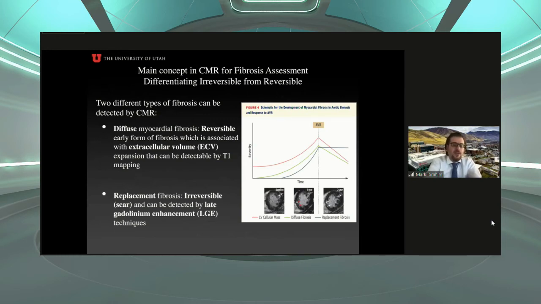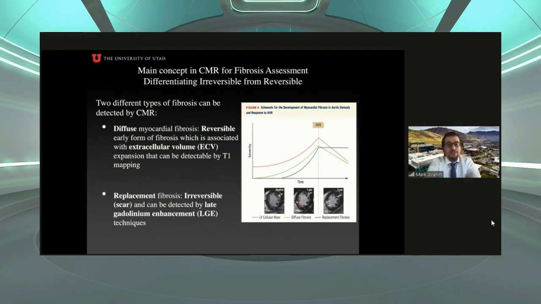In brief, both use the characteristics of the myocytes' protons, and based on damage or no damage, the velocity of movement of those protons will change if there is any pathological process going on, indicating fibrosis or inflammation. That is considered reversible because you can have elevated ECV and T1 mapping values.